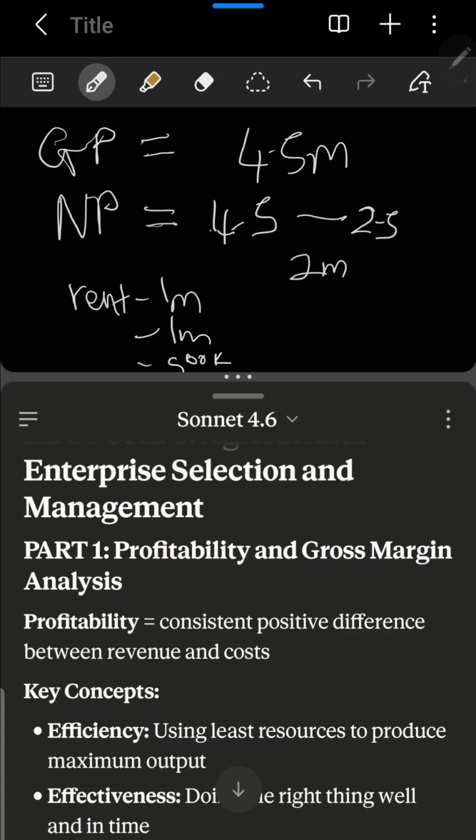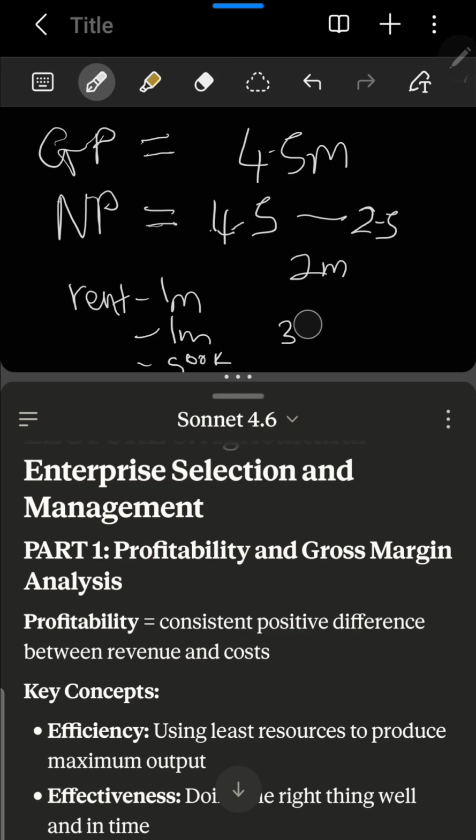So how did we get the gross profit? Let's start. How many phones did they sell in total? Per day they sell 3, so 90 phones in a month.